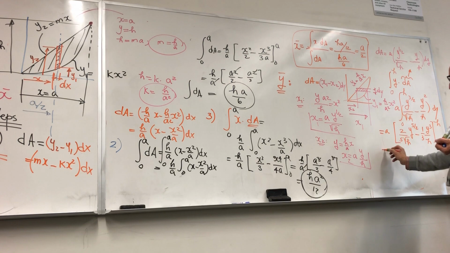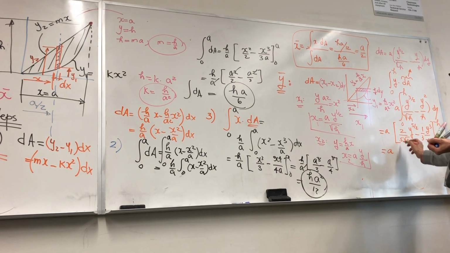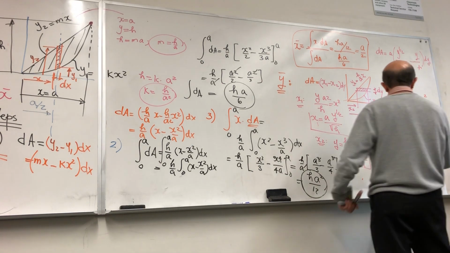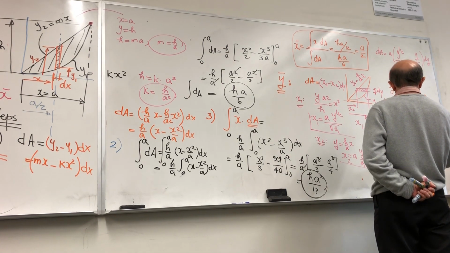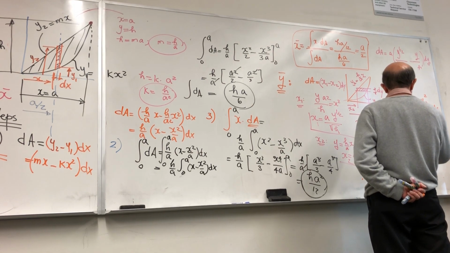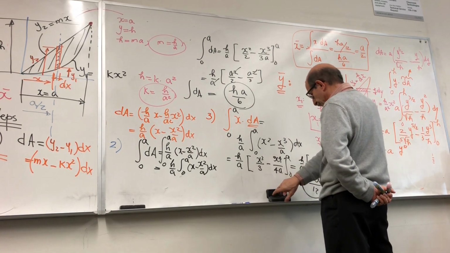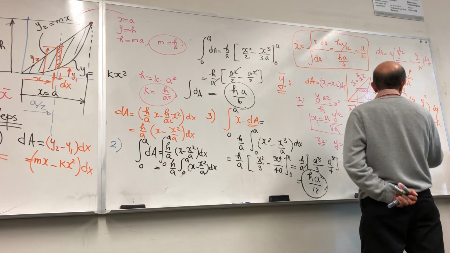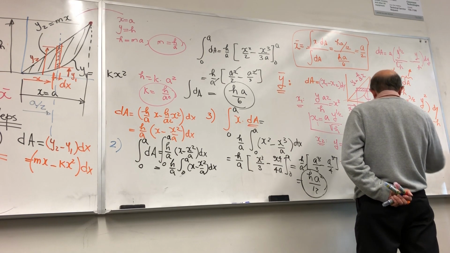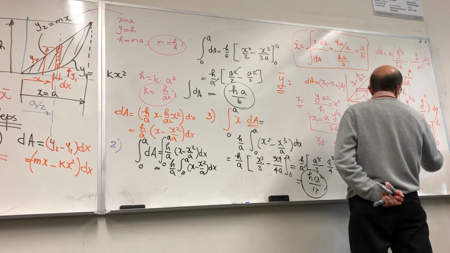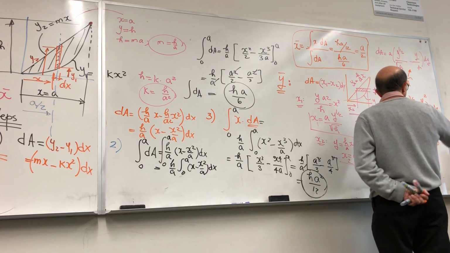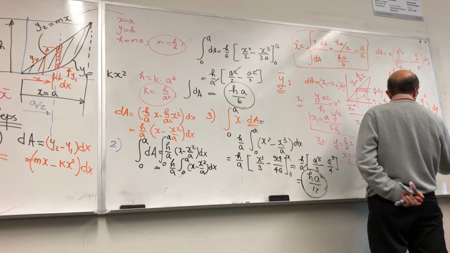So substitute for h, and you get a times, h to the 5/2, and this is h to the 1/2, so that would be 2/5 of h squared, because it would be h to the 4 divided by 2, so h squared, minus, same thing here, 1/3 of h squared.